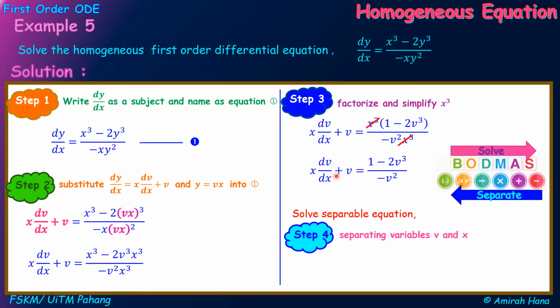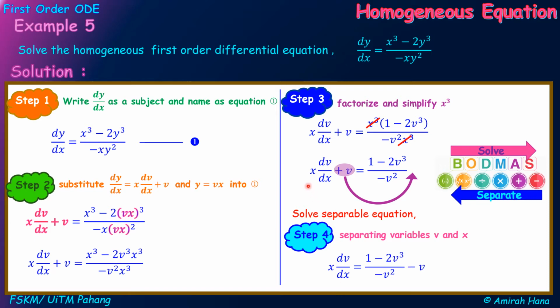In this case, we want to separate. So we need to move minus or plus first. From here, we have plus v. So we need to move it to the right hand side.